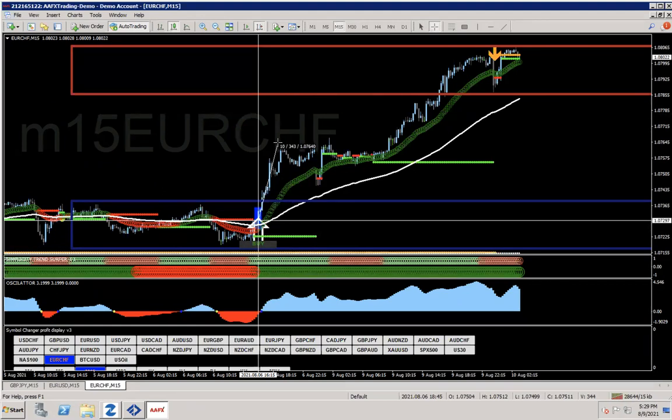That's a 3-to-1 trade right there, guys. If you risk $200 on this trade over those 10 pips, you immediately made $600 right there.